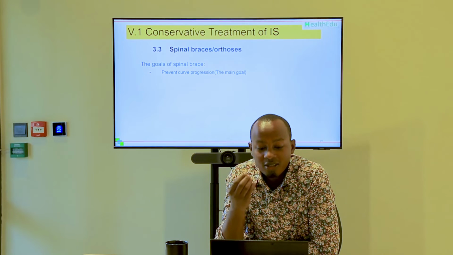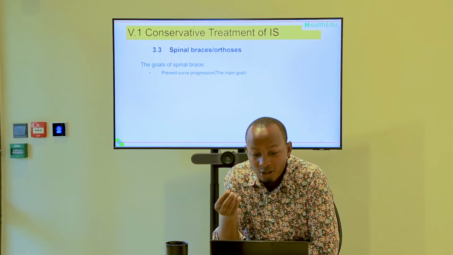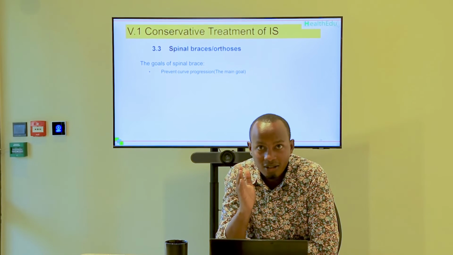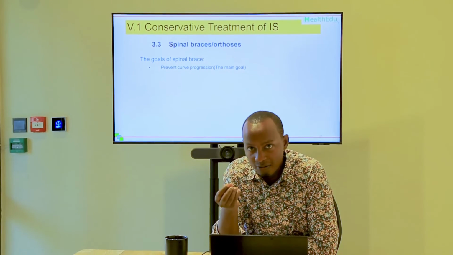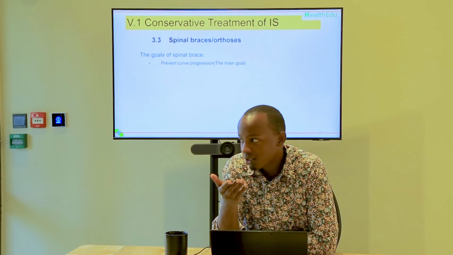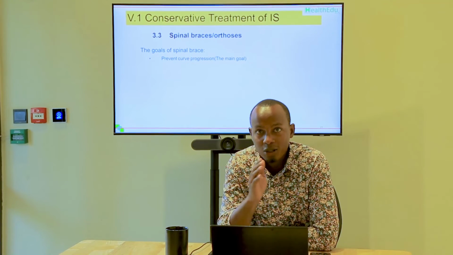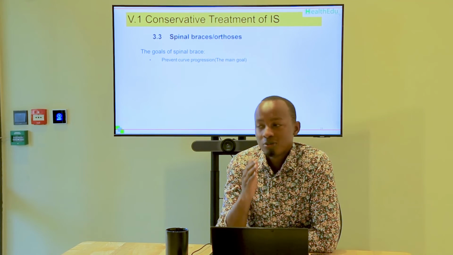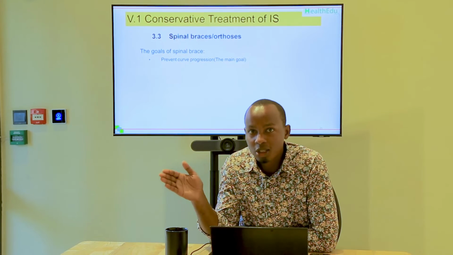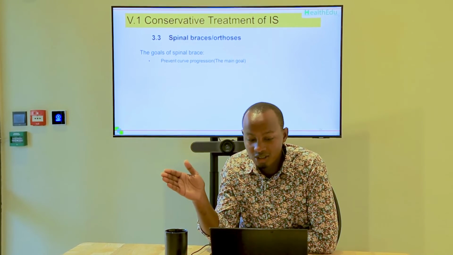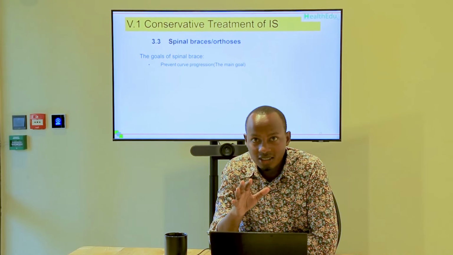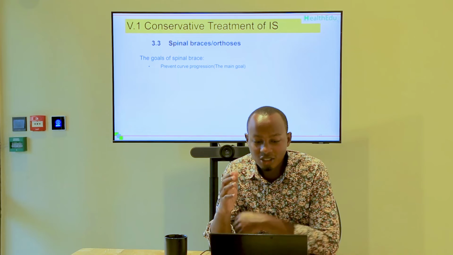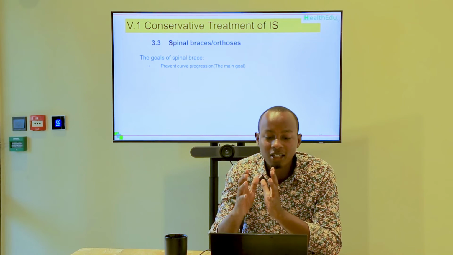The spinal brace doesn't reduce the curvature, but it prevents the curve progression. If, for example, a patient is having 25 degrees when he's 12 years old, we want to keep 25 degrees up to 18 years old. And after 18, as idiopathic scoliosis doesn't progress after skeletal maturity, we try to keep as much as possible the prevention of the curve progression.